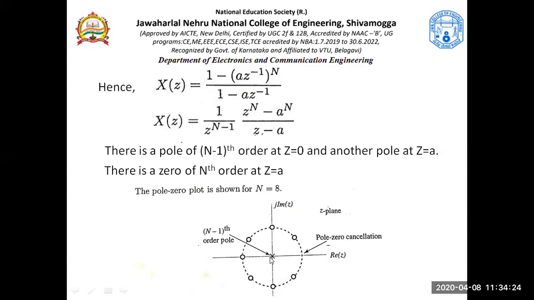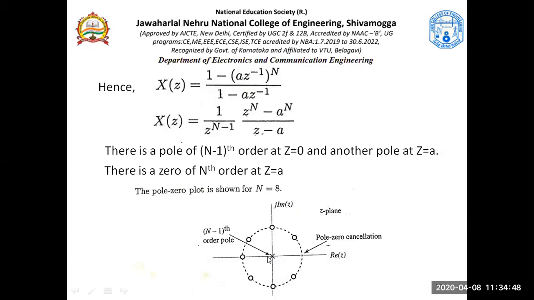See here? At z equals 0, you just mark this. So there are poles overlapping here. Just show one pole, but say there is a pole of order n minus 1. That means there are 7 poles here. This indicates that there are 7 poles, or a pole of order 7, when n is equal to 8.